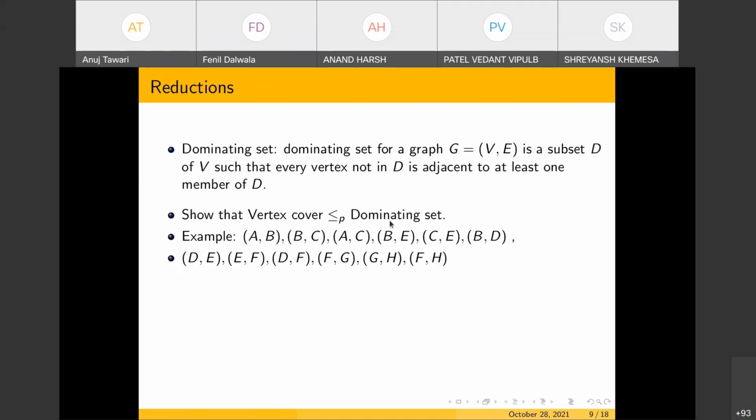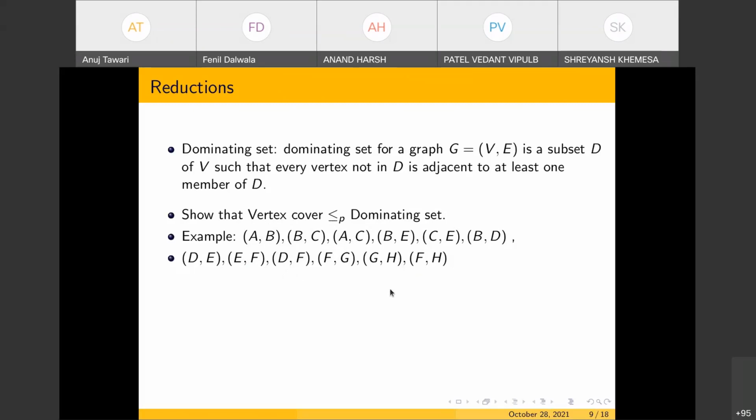Notice that the size of a dominating set can be much smaller than the size of a vertex cover. So what is a vertex cover in this graph? You have to pick 2 among ABC, 2 among DEF, and 2 among FGH.